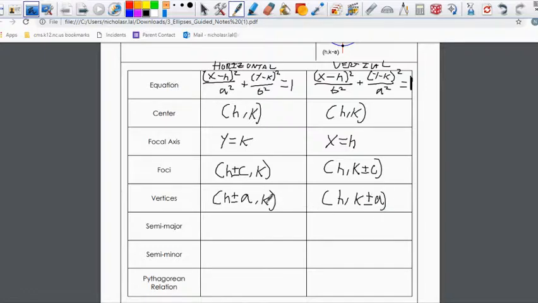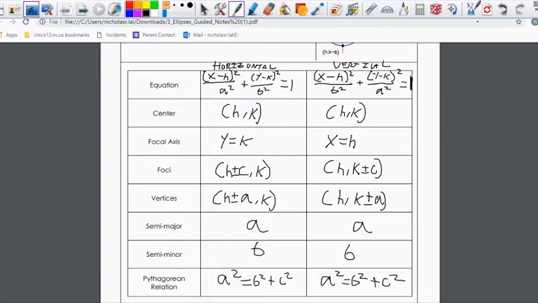A, remember, is the semi-major axis length. C is the focal length. Semi-major axis A is A for both horizontal and vertical. Semi-minor is B for both. Pythagorean relation is still A squared is equal to B squared plus C squared.